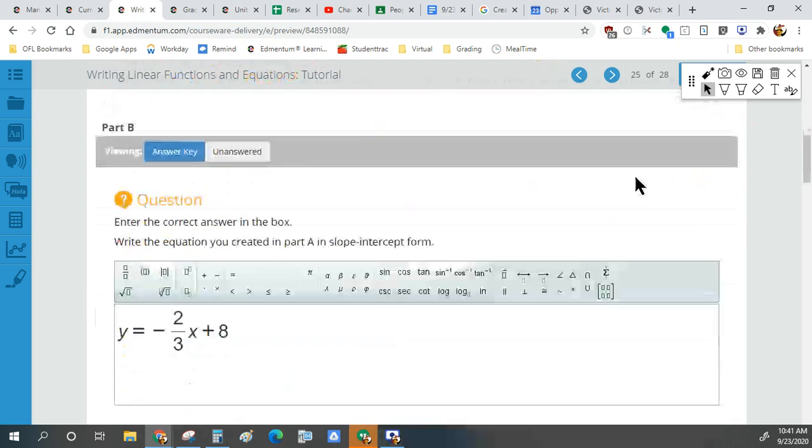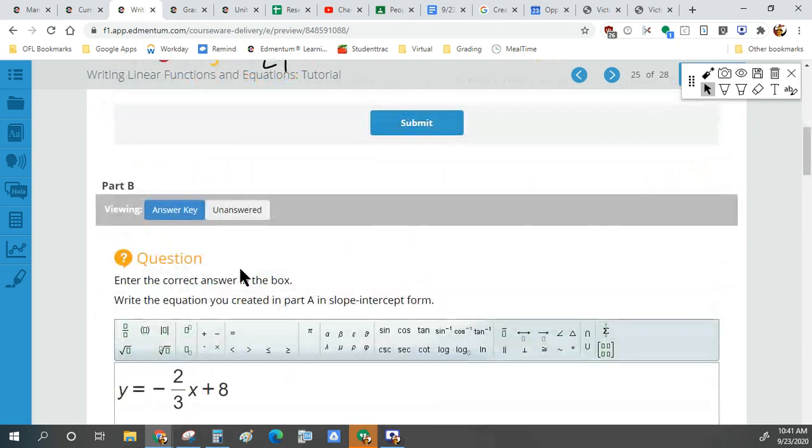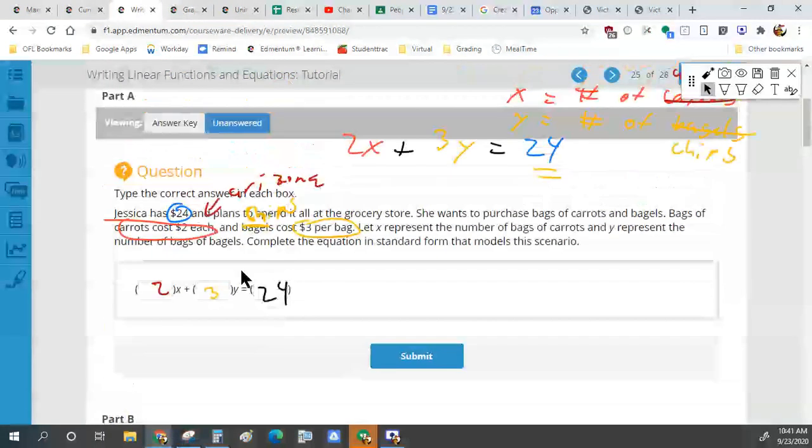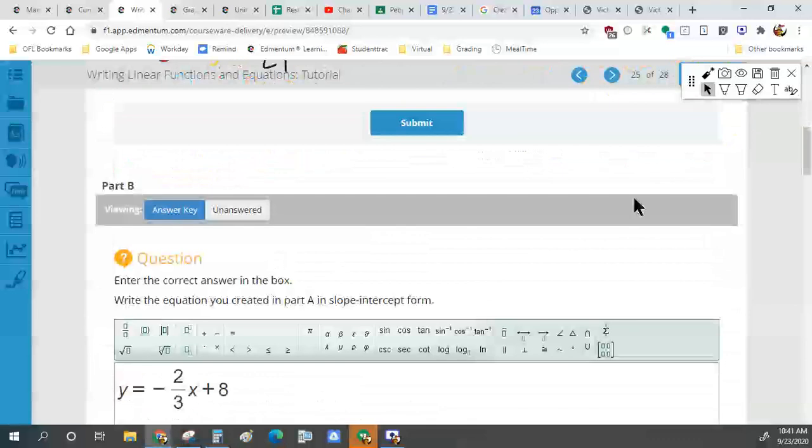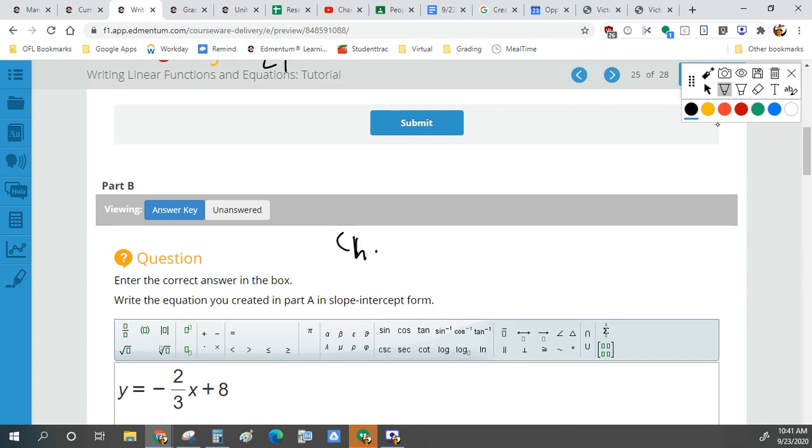So let's say we wanted to figure out how many bags of chips we can buy depending on how many Arizonas we buy. So this one, we're solving for how many chips, based on the number of Arizonas that we buy.